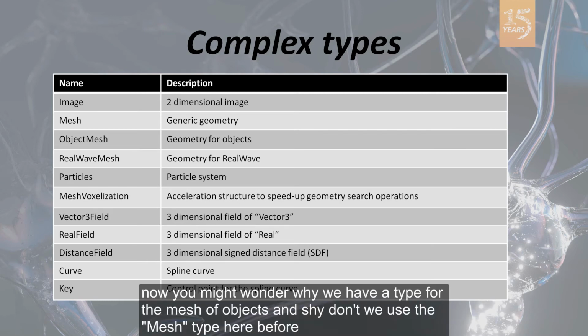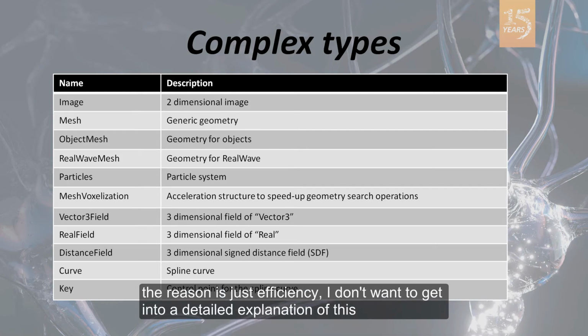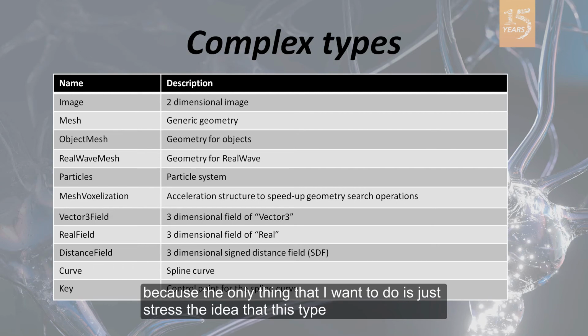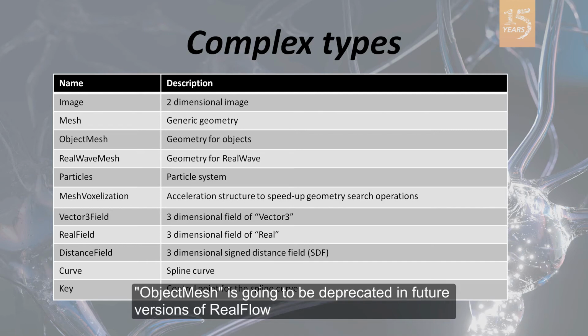So now you might wonder why we have a type for the mesh of objects and why don't we use the mesh type here before. The reason is just efficiency, but I don't want to get into a detailed explanation of this because the only thing that I want to do is just stress the idea that this type, object mesh, is going to be deprecated in future versions of RealFlow.